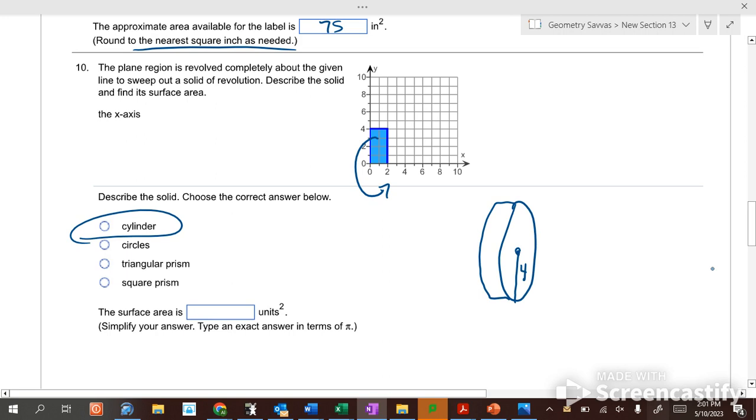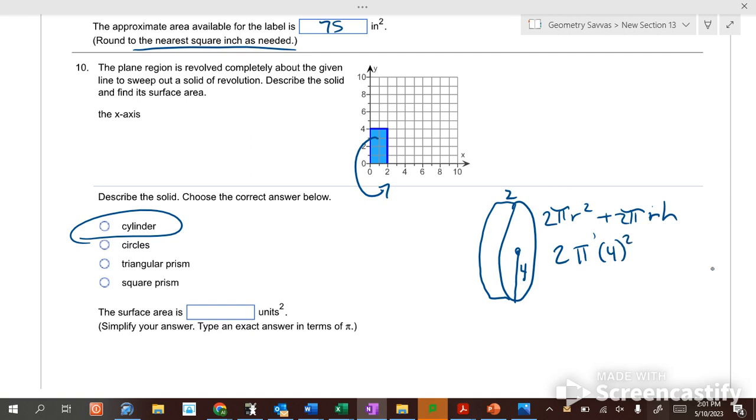The height of this bar is the radius of the cylinder. What's the height of the cylinder? 2, the width of the bar. Okay. So the surface area is 2 pi r squared plus 2 pi r h. There we go. So 2 times pi times 4 squared plus 2 times pi times 4 times 2.